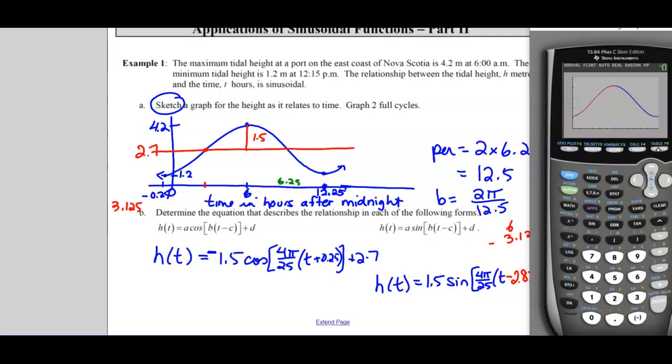Okay, it should overlap. If it doesn't overlap, then one equation is different from the other one. Okay, but it works, and it looks very similar to that. You can check your max and your mins just to make sure.